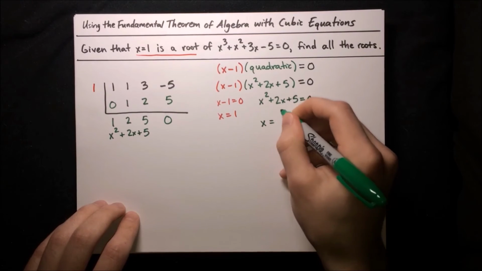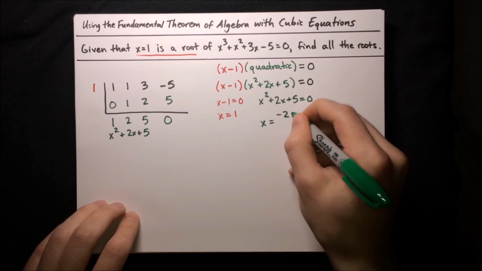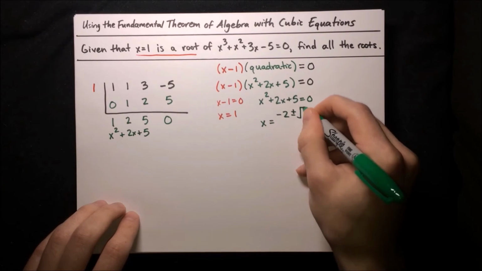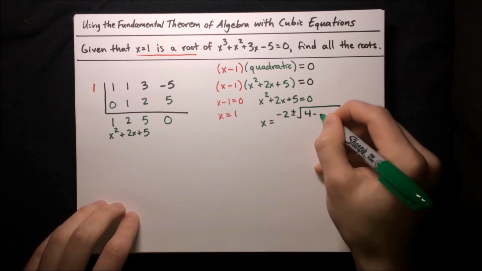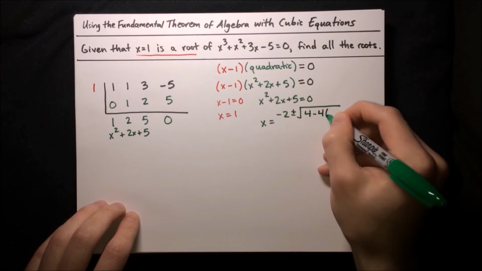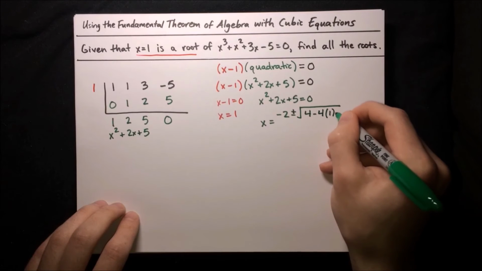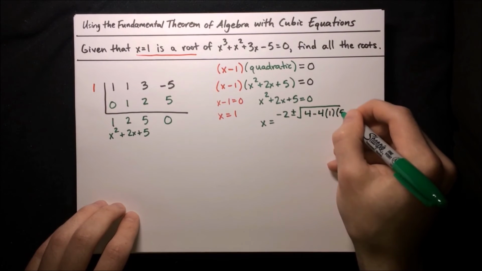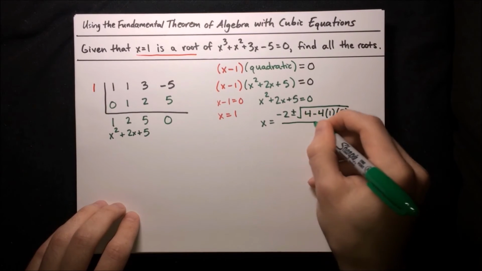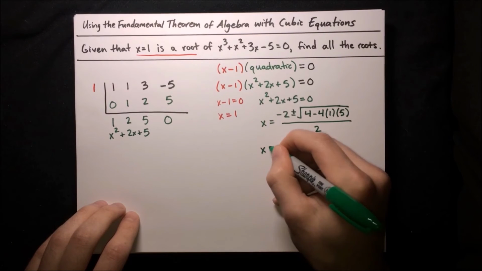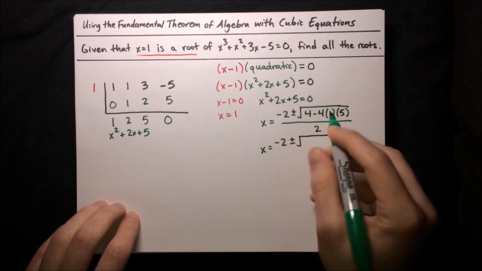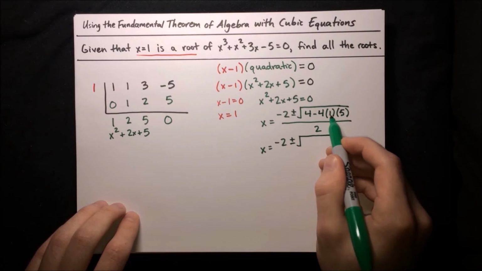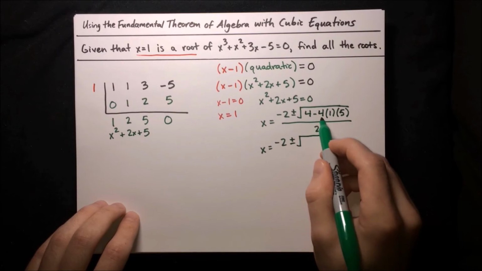x equals negative b, so negative 2, plus or minus the root of b squared, so 2 squared, which is 4, then minus 4 times a, which is 1, times c, which is 5, all over 2. So x equals negative 2 plus or minus the root of 4 minus this whole thing, 4 times 1 times 5, that's just minus 20.